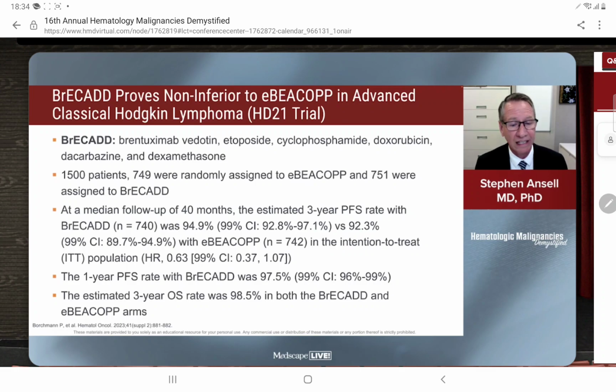But importantly here, the drug combination with BrECADD was better tolerated with fewer side effects and long-term complications, really establishing the addition of brentuximab vedotin to a modified BEACOPP regimen as a standard in the German Hodgkin lymphoma study group setting.